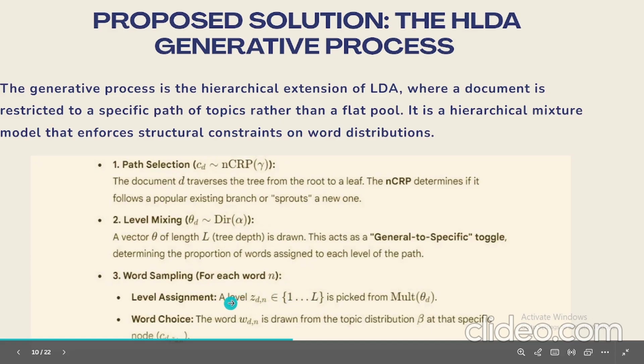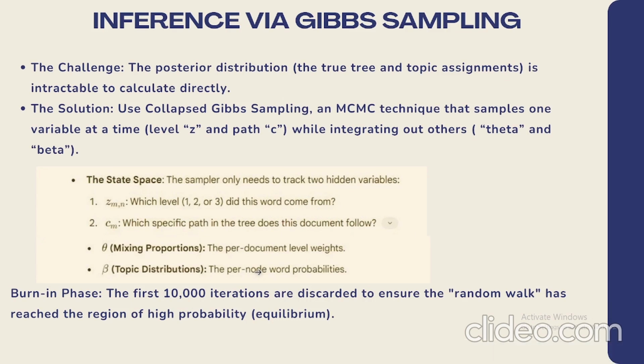So what it means is that for each of the N words in the document, we first go to the level corresponding to that word, and then we choose one word from the topic distribution, which, as we described earlier, is the dictionary of the topic, a specific word which we call w_{d,n}. So this is the generative process of HLDA. Now coming to the inference, which is the workout.